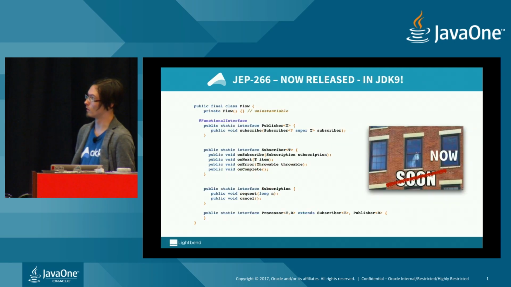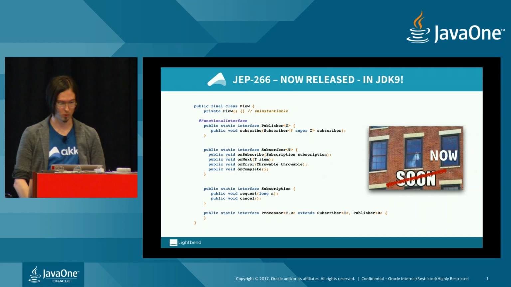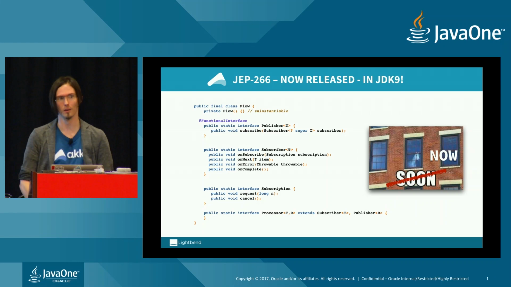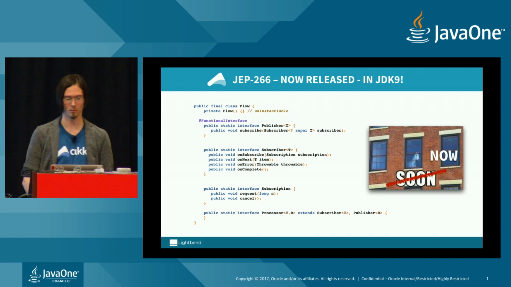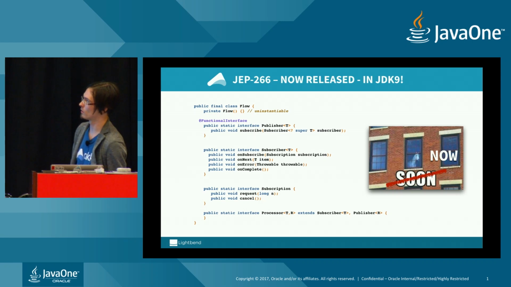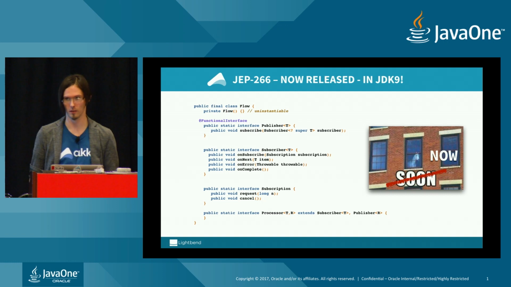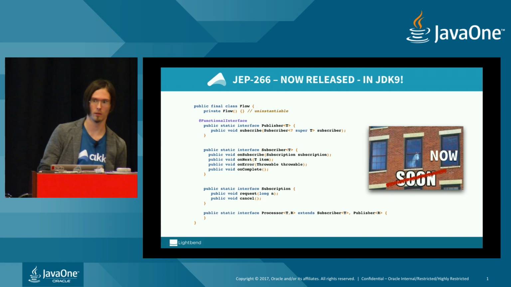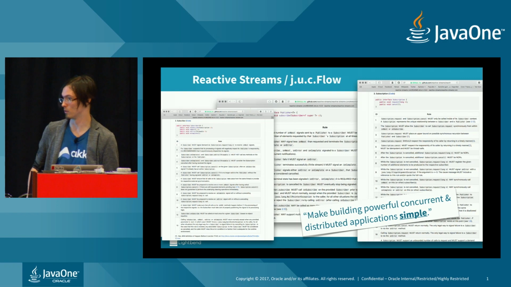So, where does that leave us? It leaves us with these interfaces currently in the JDK, which you can use right now, but I'll ask you to not implement them directly. Because when you look at them, it's basically 7 methods or so, 4 interfaces. It looks very simple, but as with any concurrency thing, it has a lot of implications about when and how you can invoke things, right? So that's the actual complexity of reactive streams.